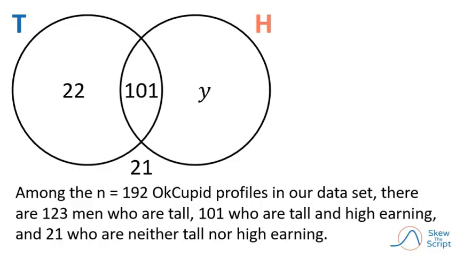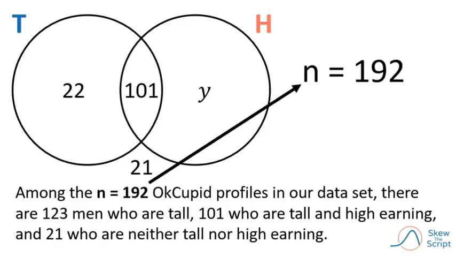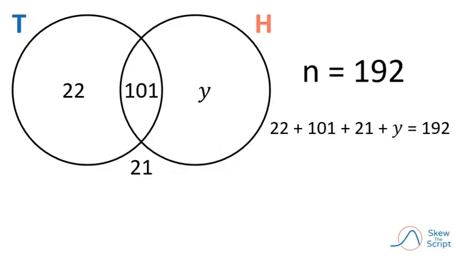Finally, we need to decide how many men are high earning but not tall. We're going to use an unknown Y. Since the total of the sample was 192, we can solve for Y by adding all the parts together and seeing how many profiles must fit into this remaining category to get the total of 192.